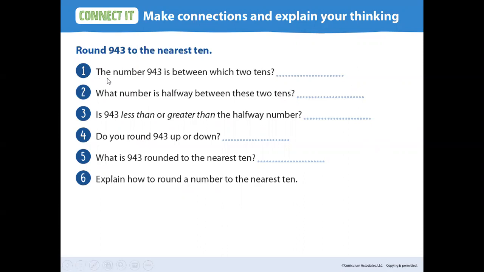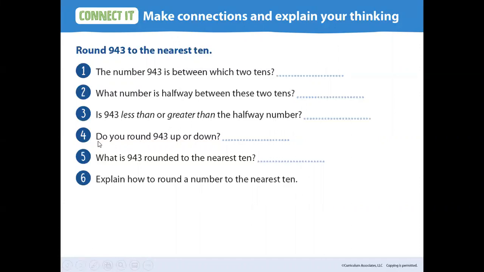Question 1. Round the number 943. The number 943 is between which two tens? Question 2. What number is halfway between these two tens? Question 3. Is 943 less than or greater than the halfway number?